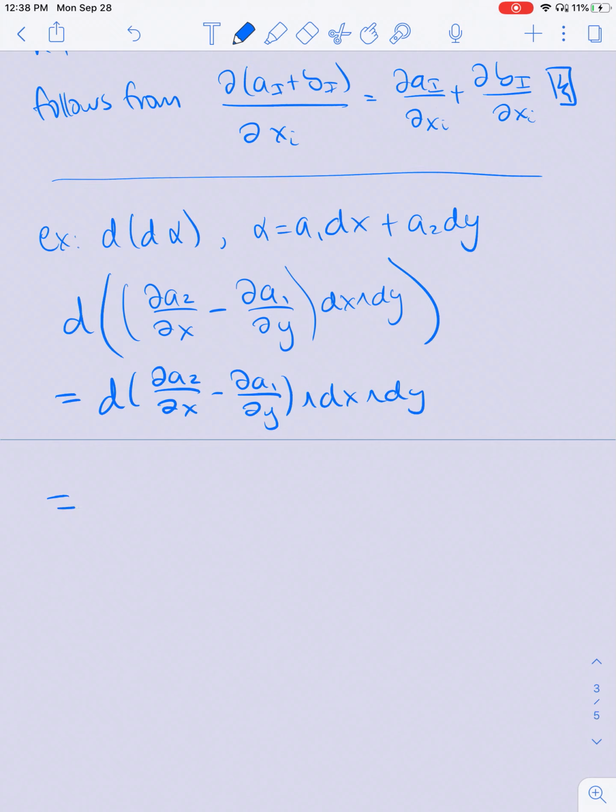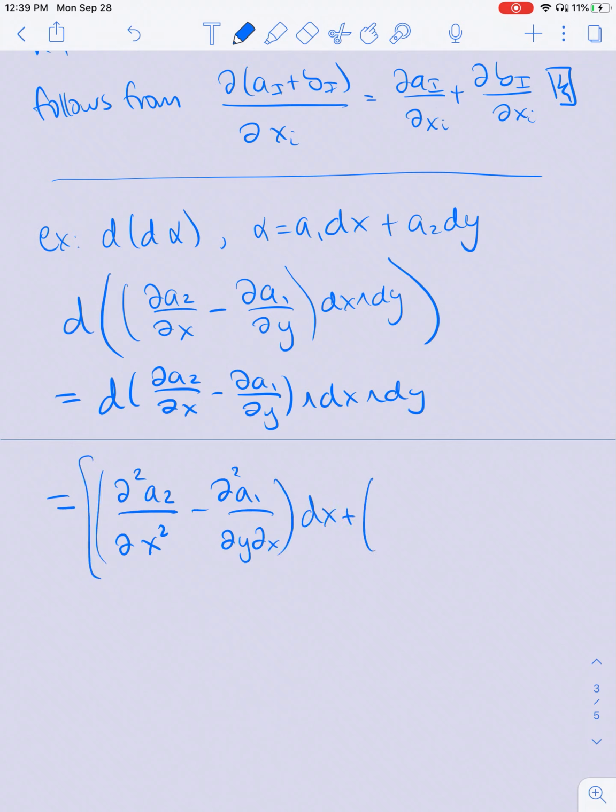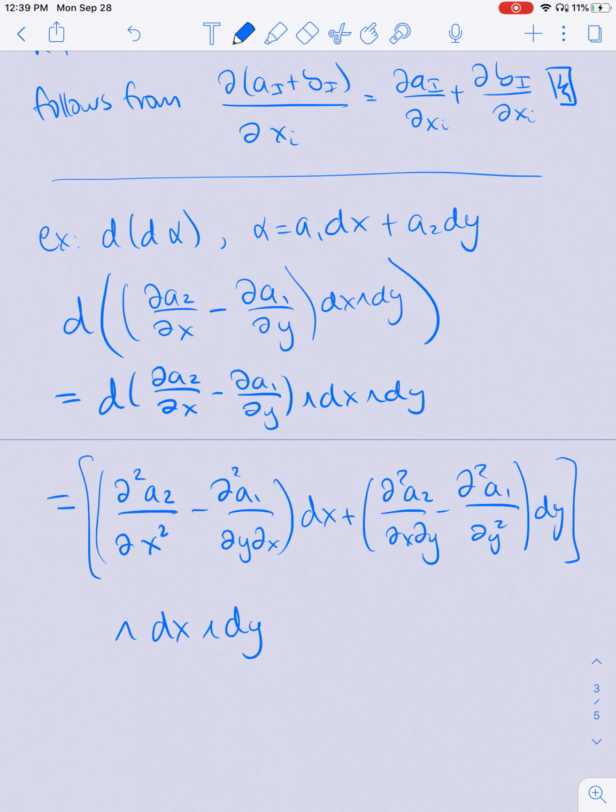So then I'll be taking the second derivatives of a2 with respect to x, dx, plus minus the second derivatives of a1 with respect to y, dy, and so on. And now taking the wedge product with dx wedge dy, you can see that the x terms will go to 0 because I get a double dx, and the y terms will go to 0.